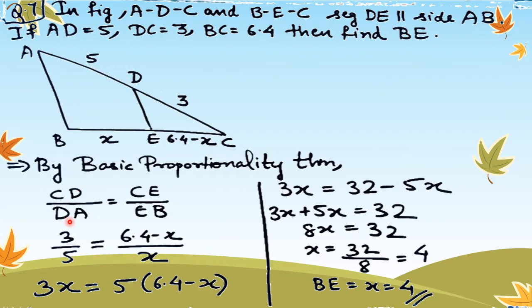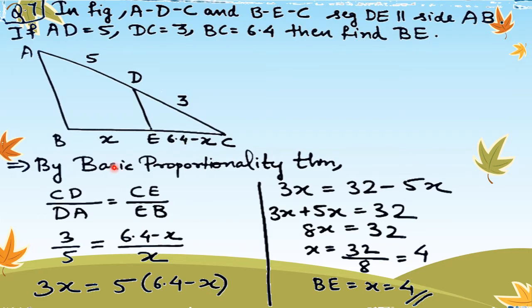So 8 upon 5 is equal to CE plus EB, which is BC, and BC is given as 6.4. That is 6.4 upon BE. So you will get 8 by 5 is equal to 6.4 upon EB. And then you cross multiply and the calculation follows. That way applying componendo also you can do, so that you can directly apply the value of BC. No need to involve any other variable.